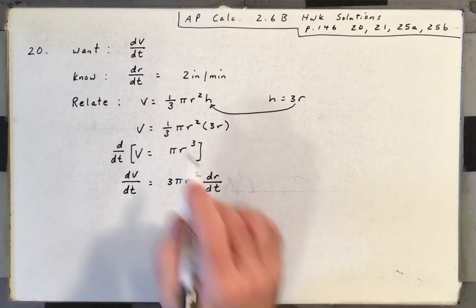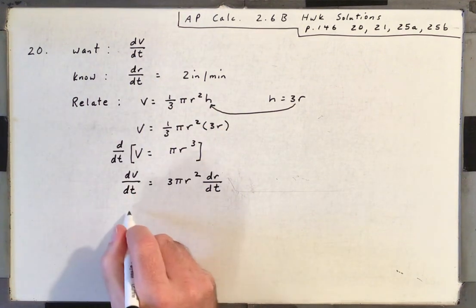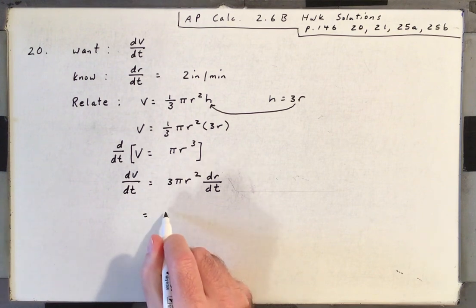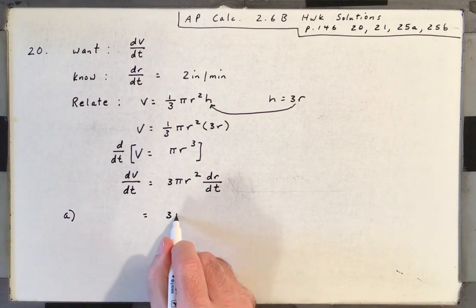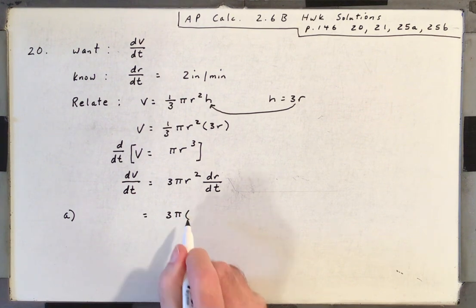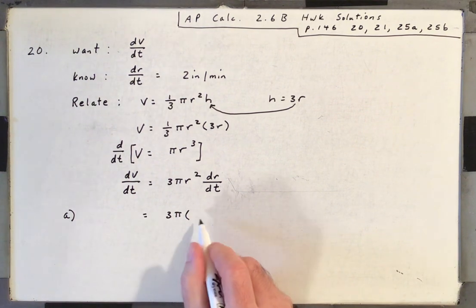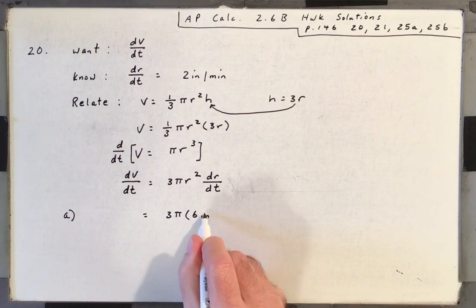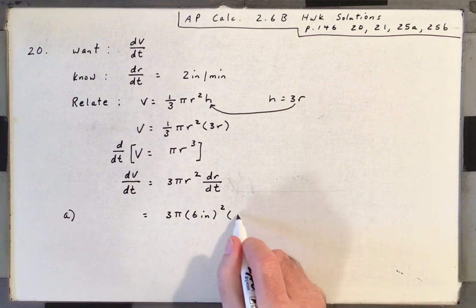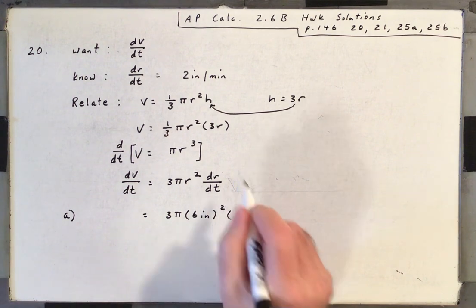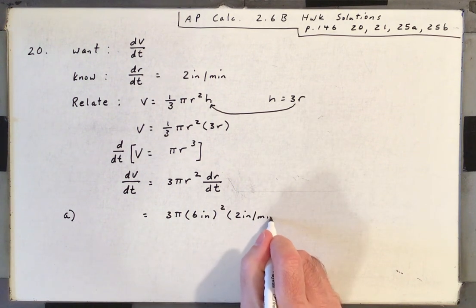Okay, so we want the rate of change of volume, so we can just plug this in. For part A, it would be 3 times pi, when the radius is 6 inches, got to square that, and the rate is 2 inches per minute.